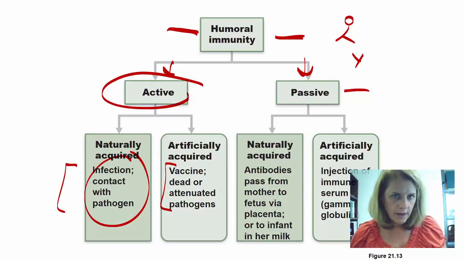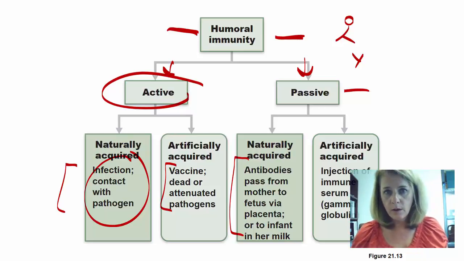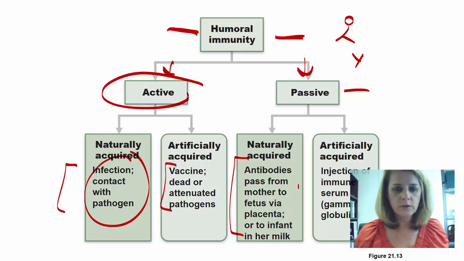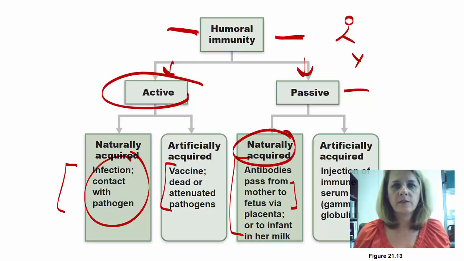One way to do that naturally is breastfeeding. When a mother is producing milk, her antibodies are naturally going to go into that milk and go to the infant. You can also pass those antibodies through the placenta to the fetus. So antibodies passing from the mother to the child, either in the womb or through the milk to the infant, is naturally acquired passive immunity.